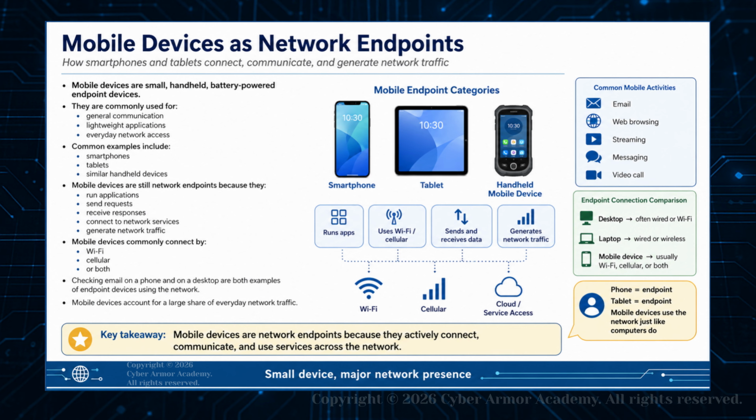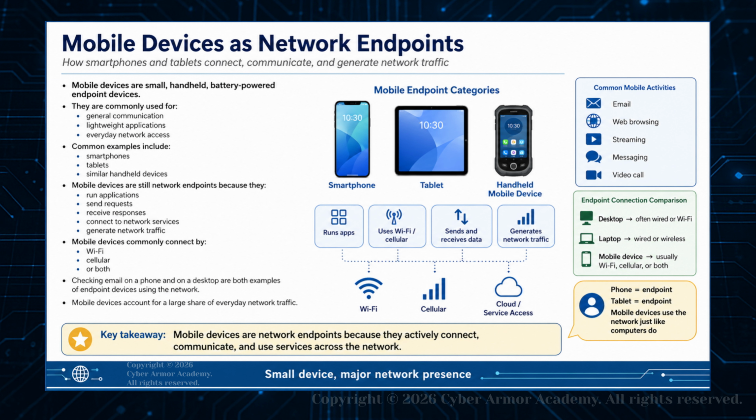Now let's move to mobile devices. Mobile devices are small, handheld, battery powered devices used for general communication and lightweight applications. Mobile devices now create and consume a large portion of network traffic. This category includes things like smartphones, tablets, and similar handheld devices.